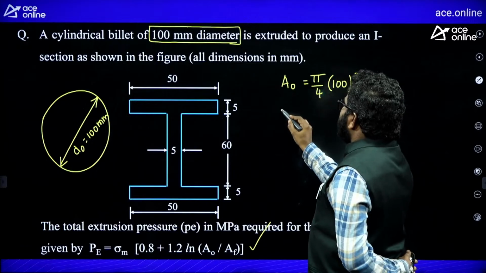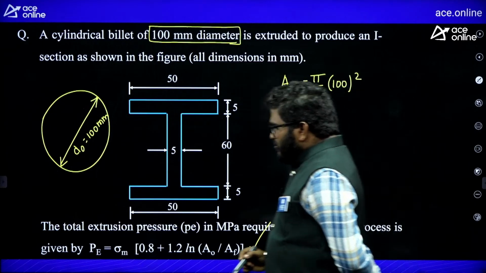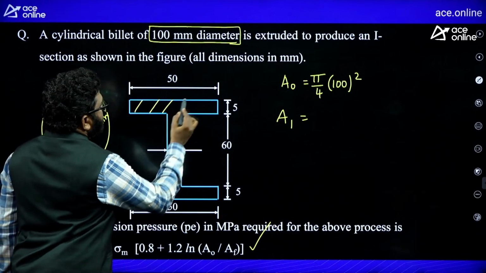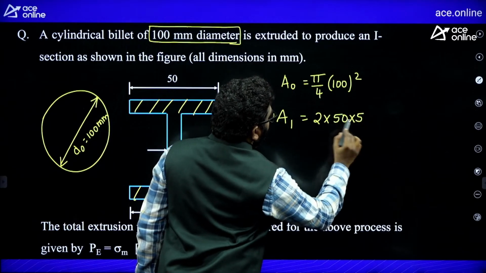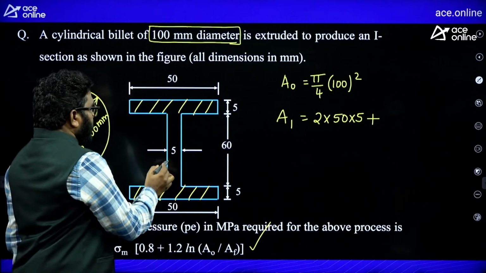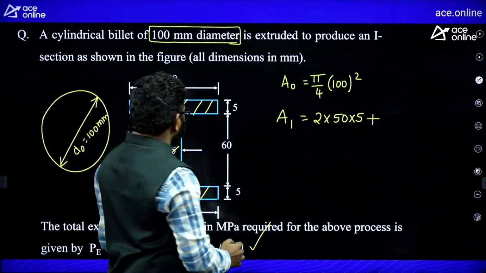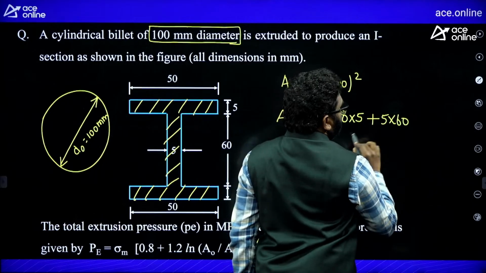Then the final area, we are making an I section. So here I am calculating the area. Remember this: 250 into 2, that is 500, into 5, plus 5 into 60, that is 300.